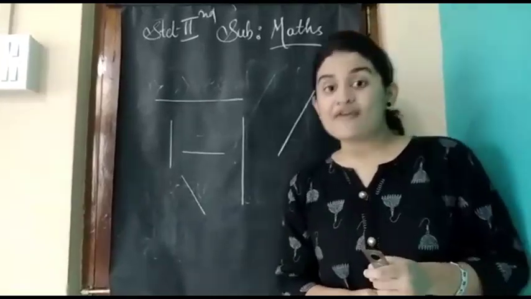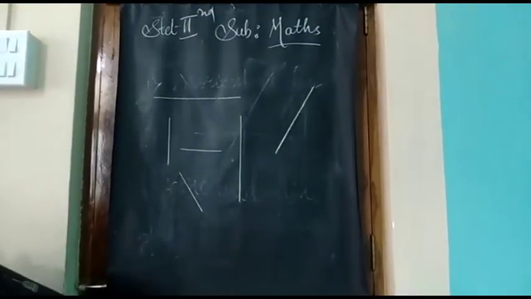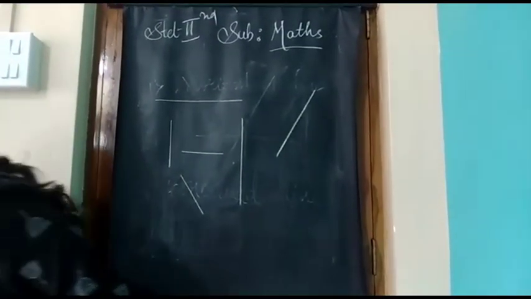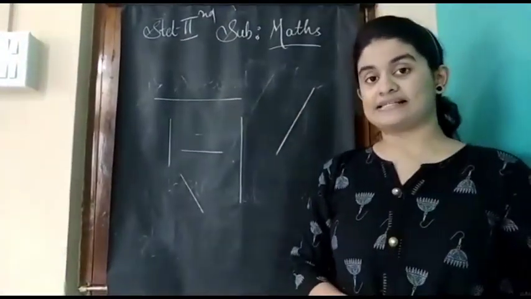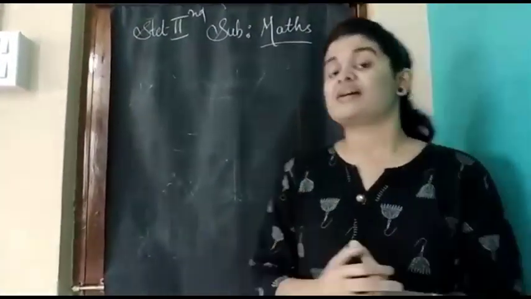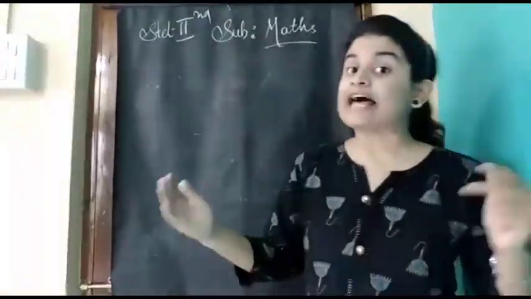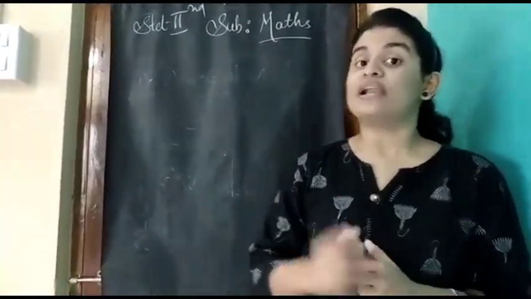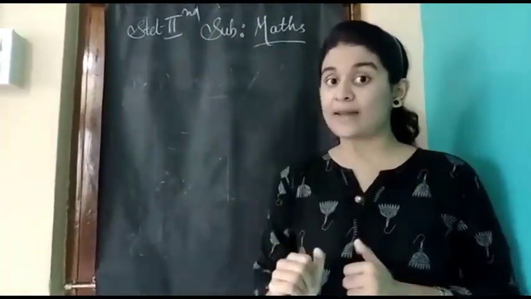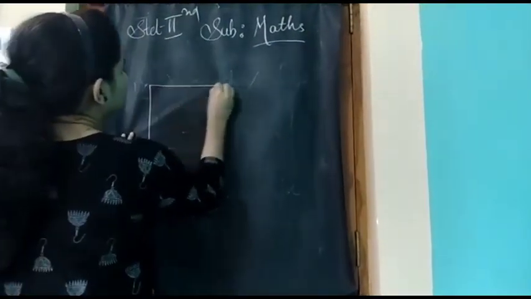Okay? So now we are going to revise the next chapter, that is let's identify geometrical shapes. Yes. Students, now let us revise the fourth chapter, let's identify geometrical shapes. So now let's see the first shape, that is rectangle.